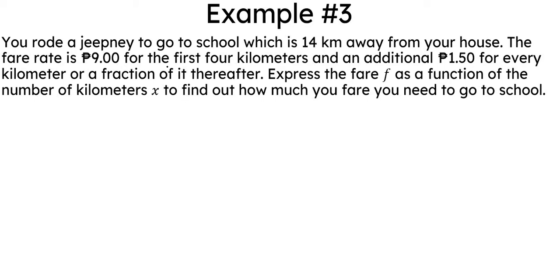So, this is what we know. We know that from house to school, it's 14 kilometers. Now, according to this, I guess it's only from house to school using a jeepney only.